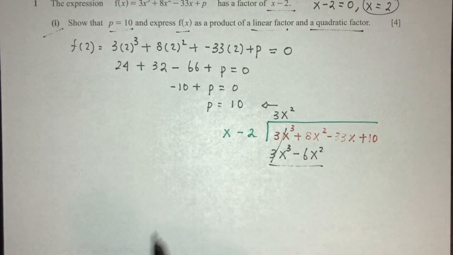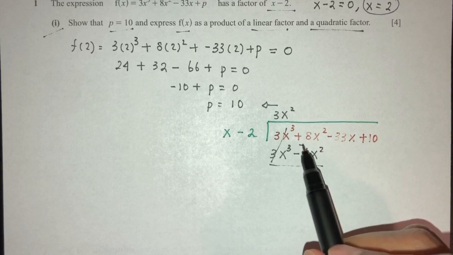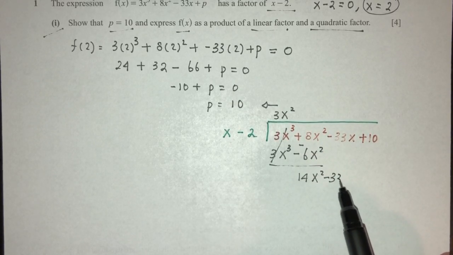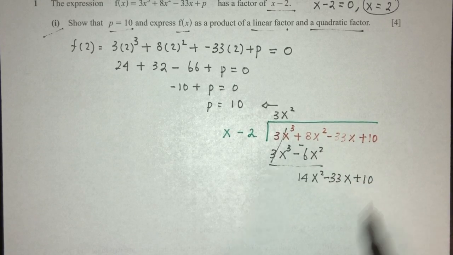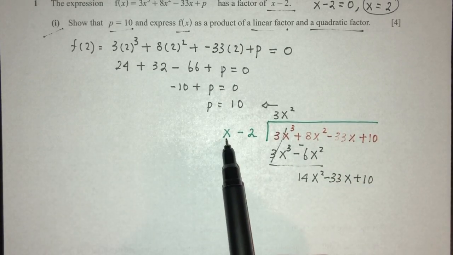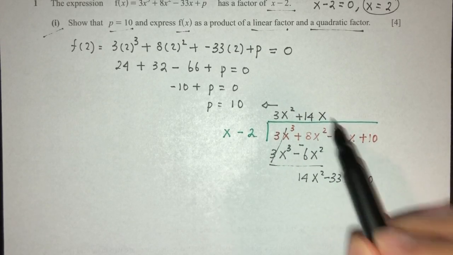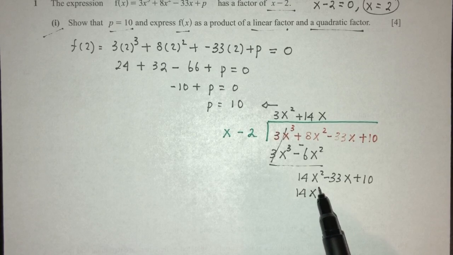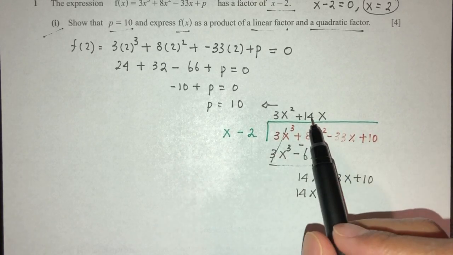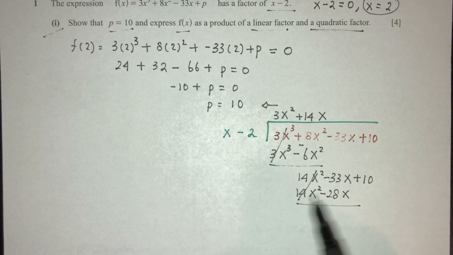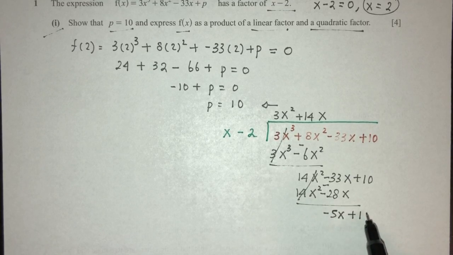So minus minus goes away, and 8 minus minus 6 will be 14x squared, minus 33x plus 10. Next step, how can you make x become this? You have to multiply by plus 14x. That will be 14x squared, minus 2 times this, that will be minus 28x. So minus 33 minus minus 28, that is minus 5x plus 10.